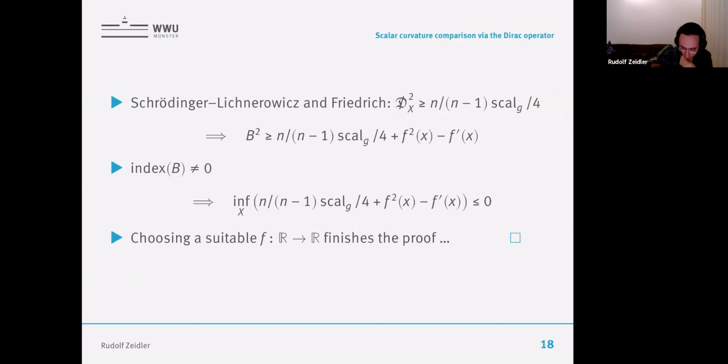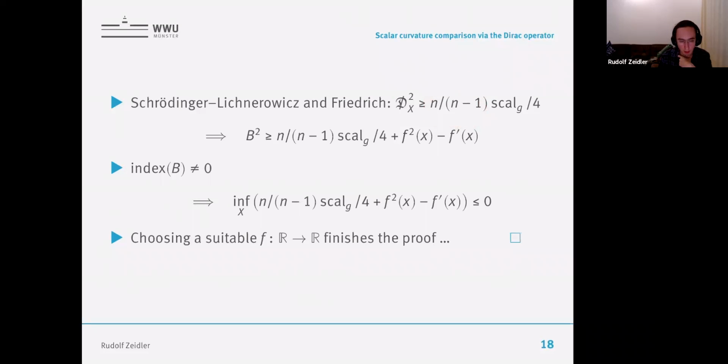That's the Schrödinger-Lichnerowicz formula. There is a slight improvement of this, which goes back to eigenvalue estimates of Thomas Friedrich, which tell you that you can improve this by a factor of n over n minus 1.